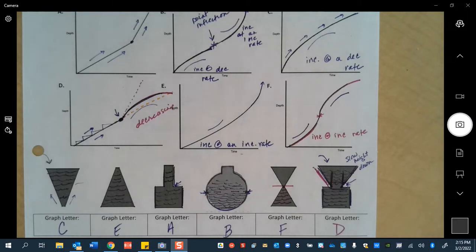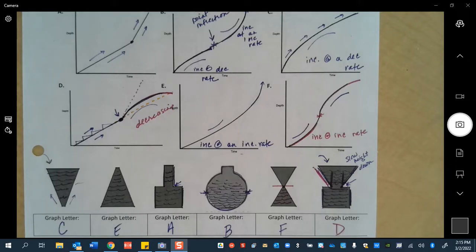So if you look at graph E and graph C, you can see how they look as the sides of the bottle either come in or go out. So if I look at graph E, I'm increasing at an increasing rate. That's because my water's going up, but it's going up faster and faster and faster because the sides of my bottle are skinnier.